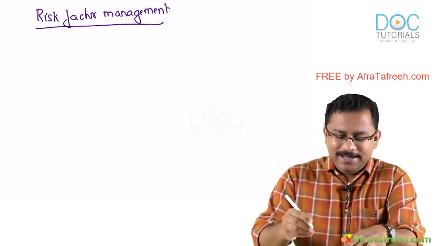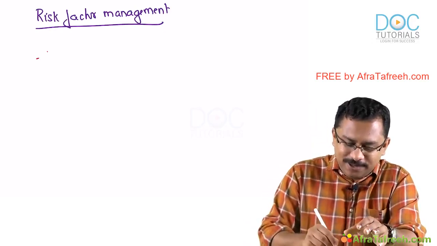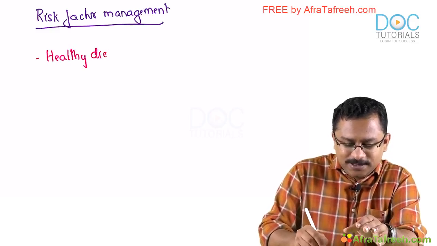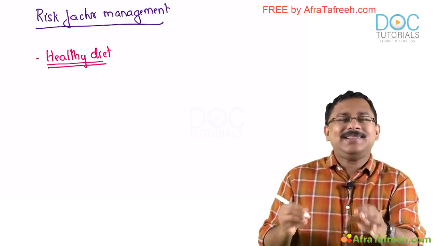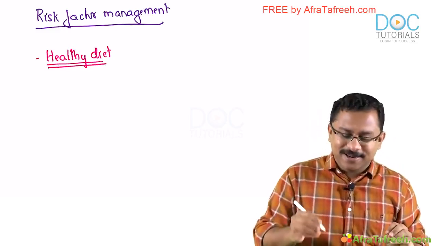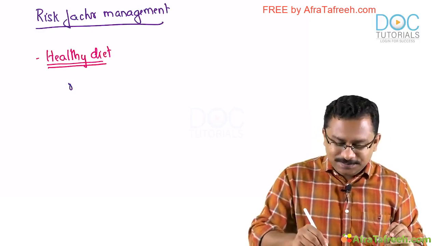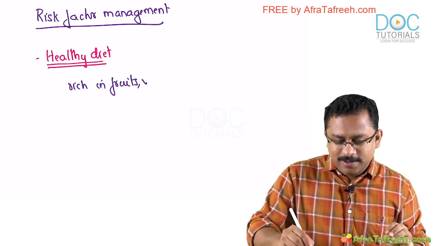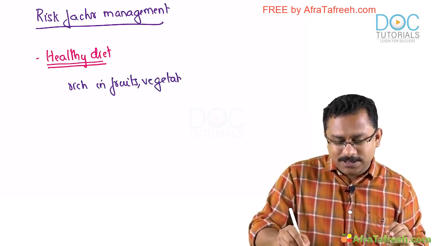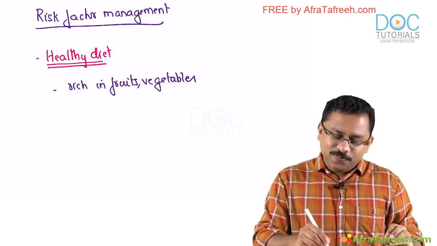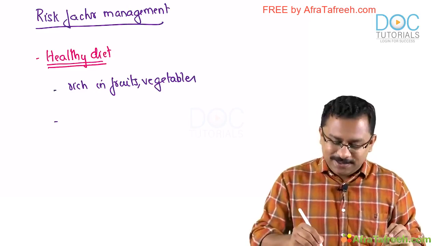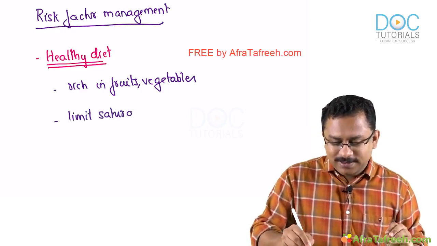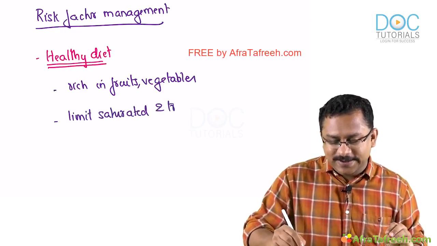So very importantly, it is imperative that you have a healthy diet. It is very, very important. So healthy diet means you will have a diet which is rich in fruits, vegetables, which is very important, and also you have got to limit the saturated and trans fats.